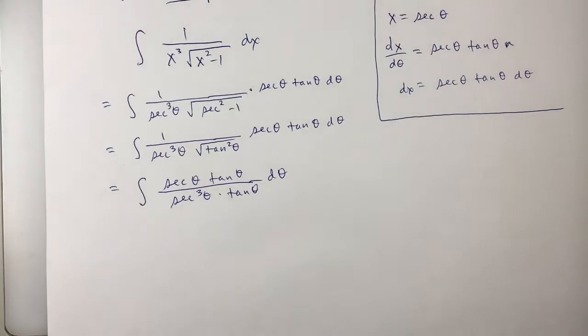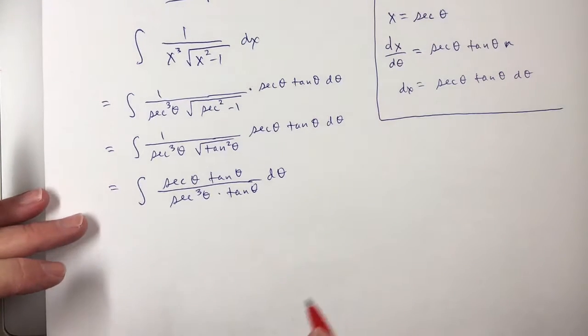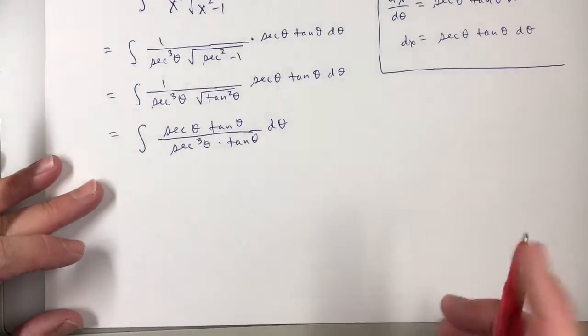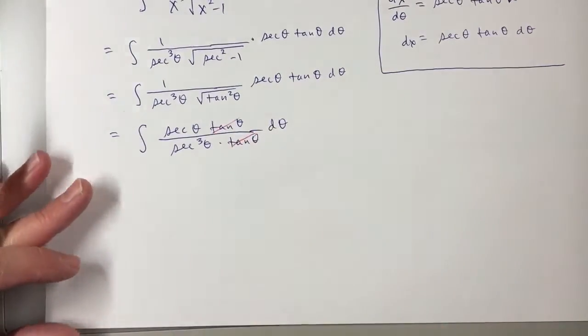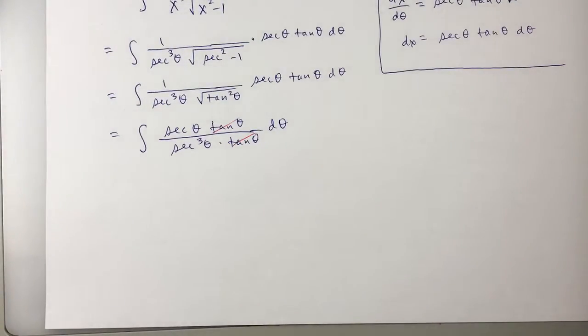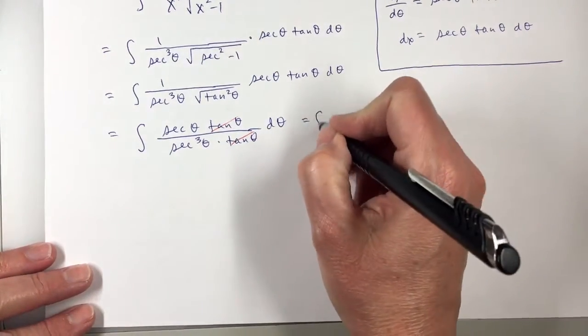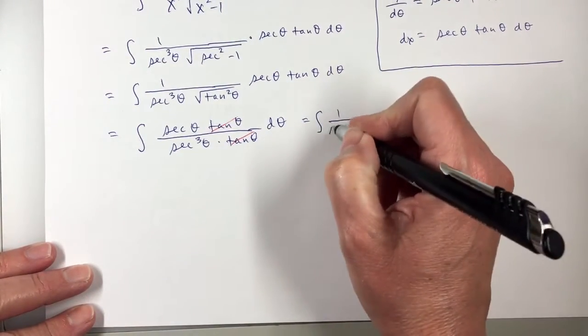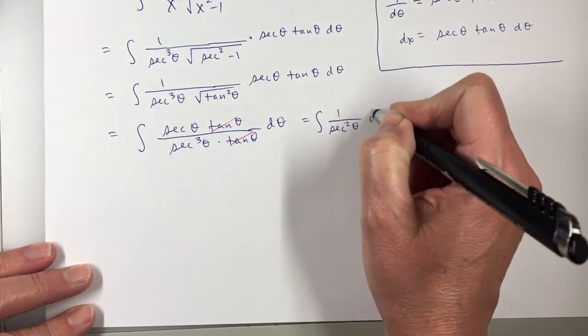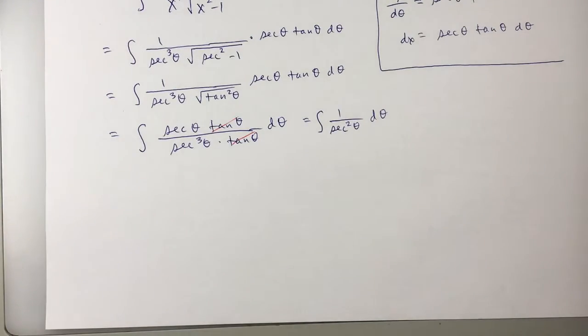So I will reduce, and tangent theta reduces, and what else? That's secant theta over secant cubed theta. So this becomes the integral of 1 over secant squared theta d theta.